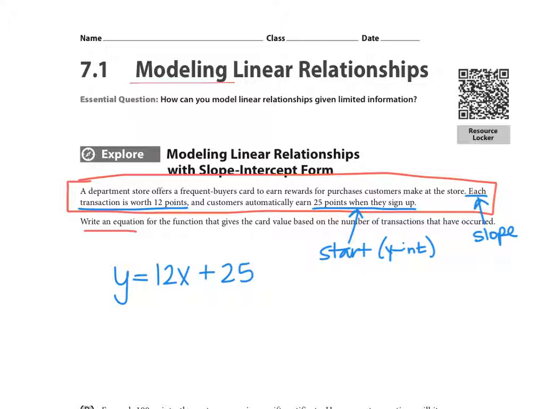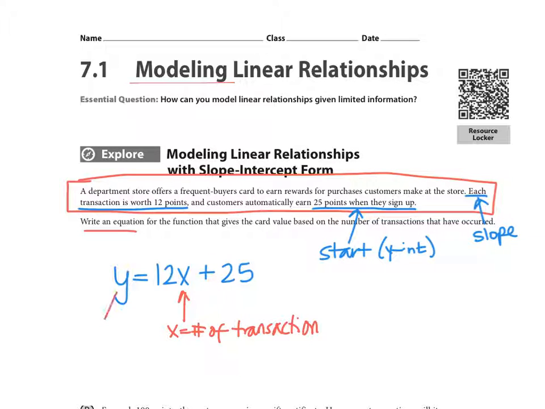Okay, and the only other thing that we need to do is just talk about our variables. So x here, if you read the problem, it says 12 each transaction. That means this is 12 points. So x means the number of transactions. It's important for you to know what that stands for. A transaction is like how many times you're purchasing something.